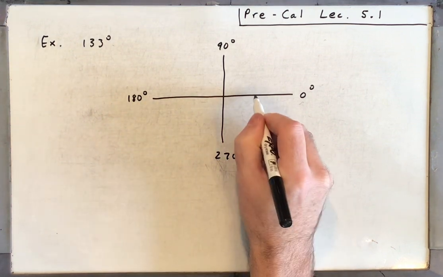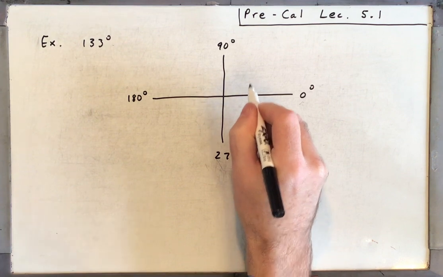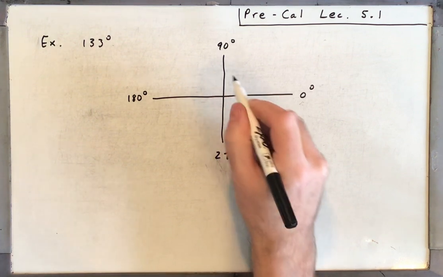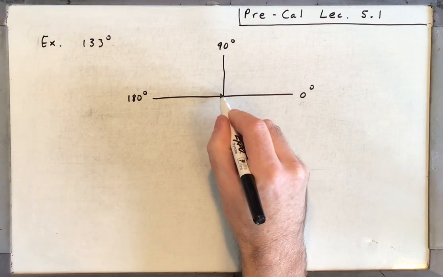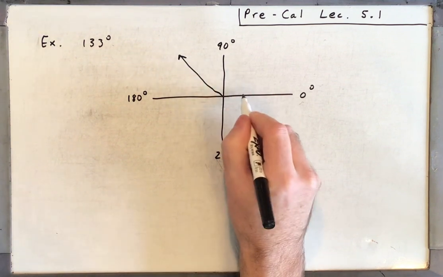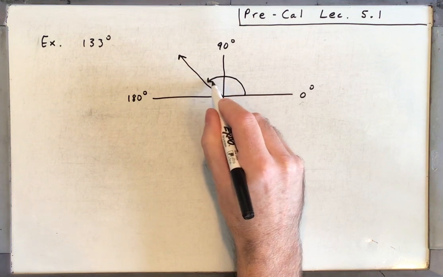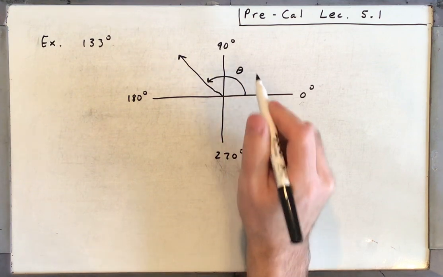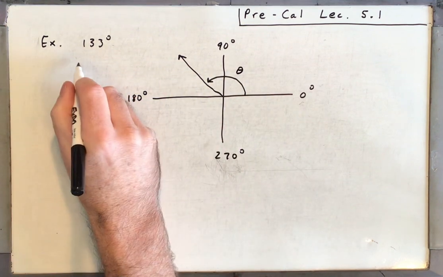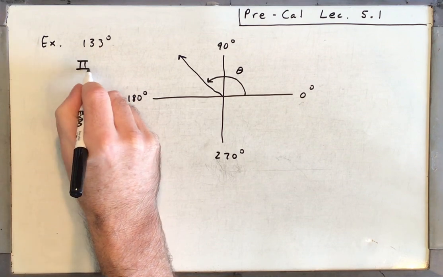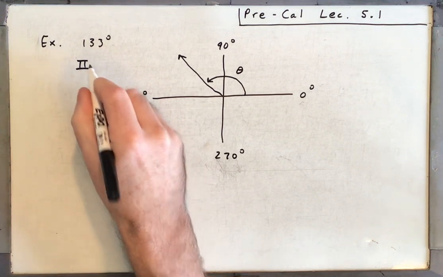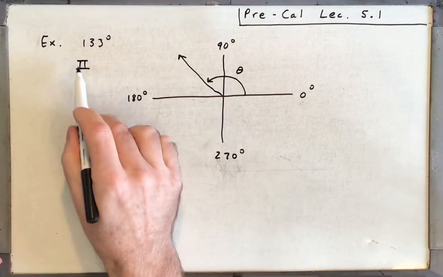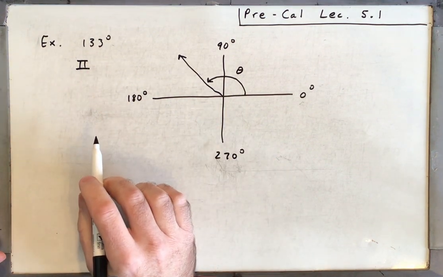So 133 would be 90 plus a little more, so 90 plus another 43 degrees. So it'd be something like this angle right here. So it resides in quadrant 2. If you don't like Roman numerals, just use regular numbers, quadrant 2. Usually with the unit circle, we use Roman numerals.